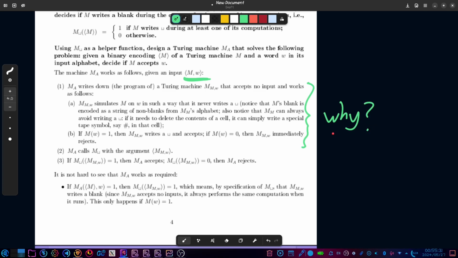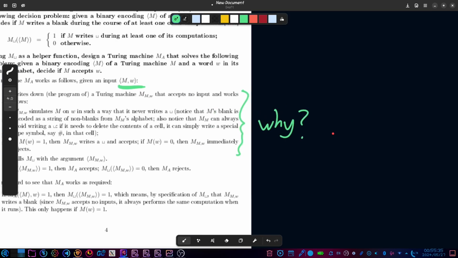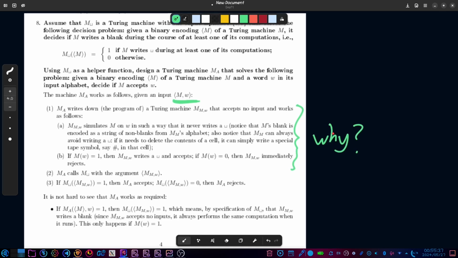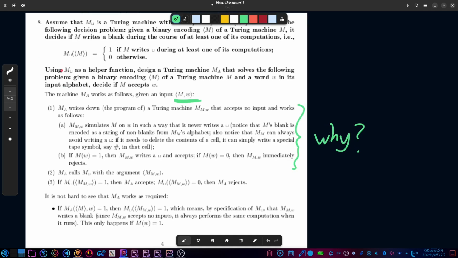I might butcher this explanation, but let me try. The language for this Turing machine here is the one that we're going to be using as our helper. We can call it a helper function, a subroutine, whatever we want.